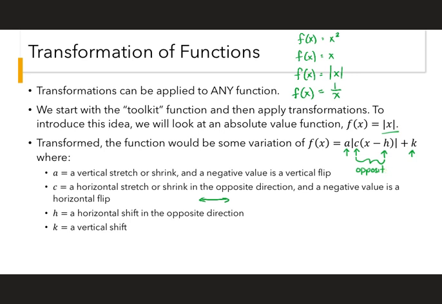Meaning that if I have x minus 3, it's actually going to go to the right. If I have x plus 5, it's actually going to go to the left. The reason for that is because this is set up with a negative sign, so it's set up to do the opposite thing. It thinks of it like, if I put a 5 there, how do I get back to where I started?